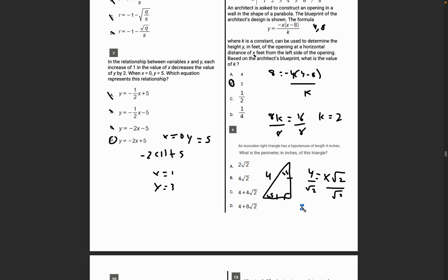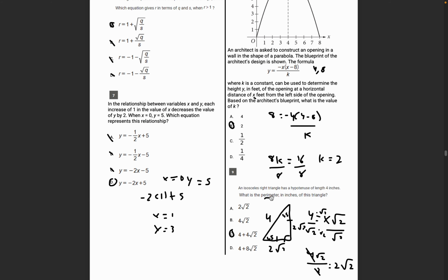So multiply by square root of 2 times the square root of 2. So that'll be 4 radical 2 over square root of 2 times the square root of 2 is 2. The square roots cancel, and then we get, divide this, equals 2 radical 2.